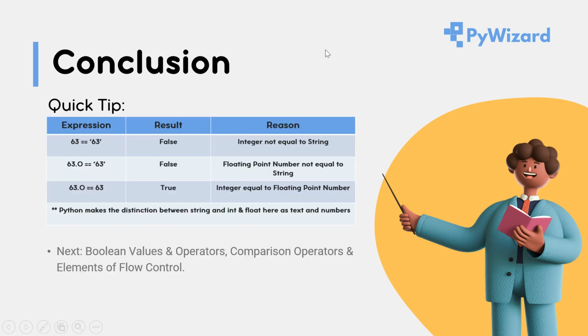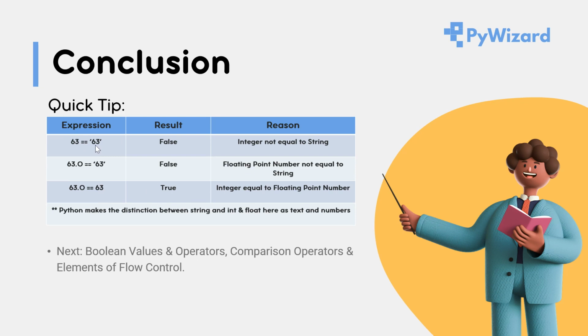Next is a quick tip before we conclude. If you try to check whether 63 is equal to the string 63, it will always give you false. 63.0 is equal to the string 63 will also give you false. But if you check 63.0 is equal to 63, it will print true. Why?